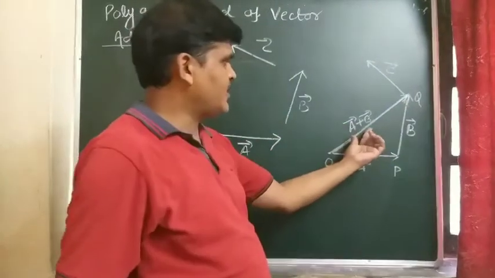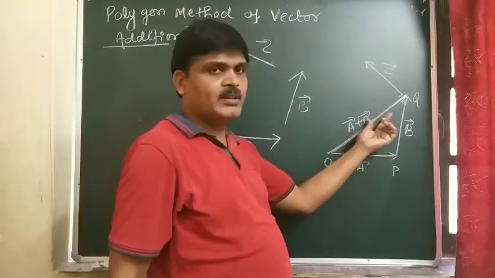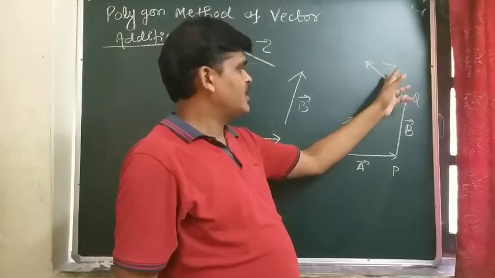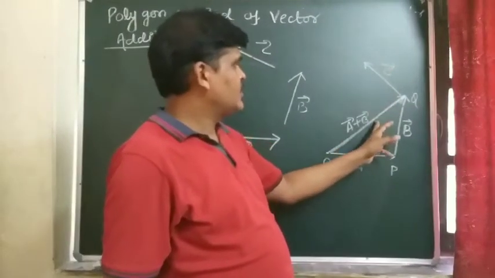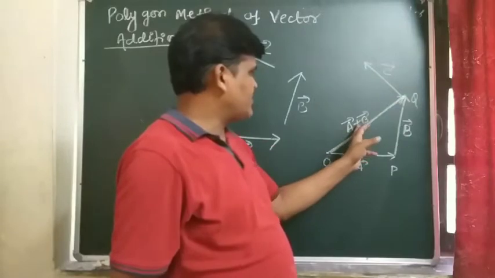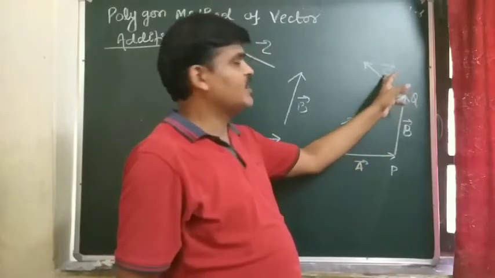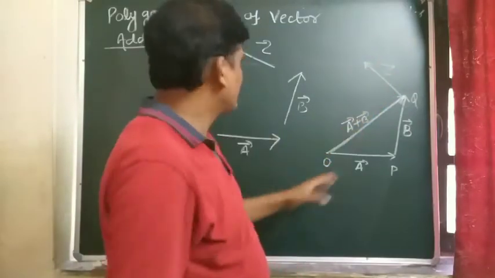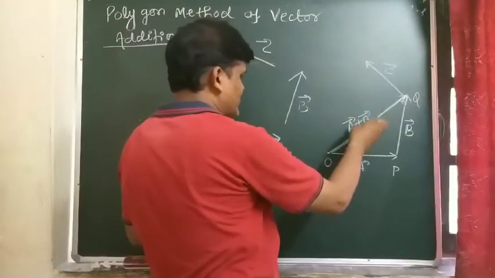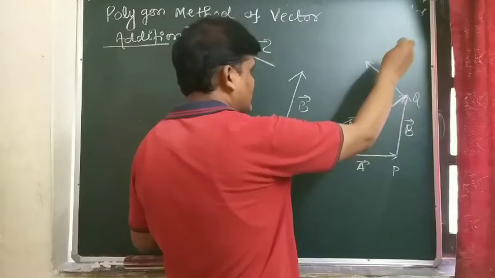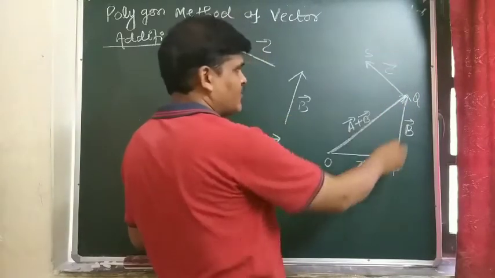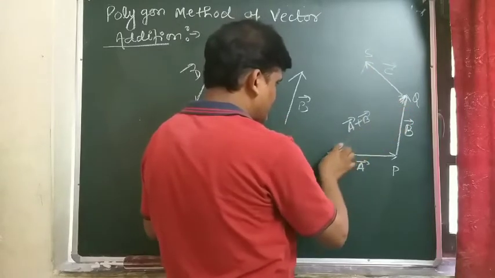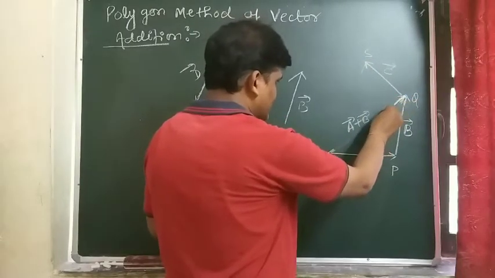So the resultant vector, vector A plus vector B, is itself a new vector, and another vector C, and we have to add it, and vector A plus vector B and vector C are drawn in the same direction, and the resultant of these 2 vectors means the OQ and QS vectors, and their resultant. Suppose that we draw it by a dotted line, just like that.